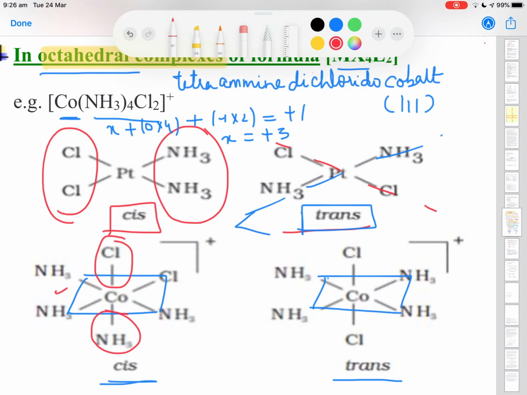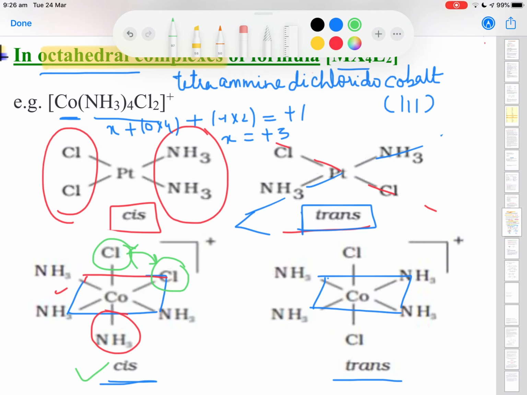But why do I call it cis over here? Because, as I said, two ligands which are same should be adjacent to each other. Now where could you figure it out? Here is one chlorine and here is one chlorine. That is chlorido as a ligand to be named. So ligands chlorido are found adjacent to each other. Hence it's a cis type of geometrical isomerism.